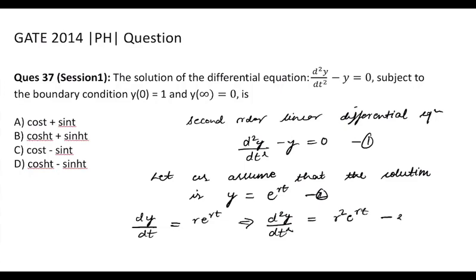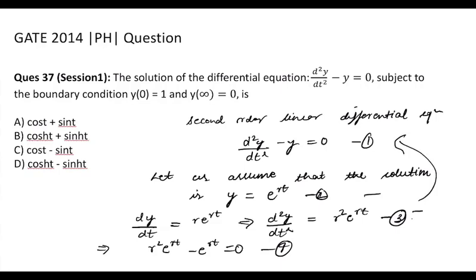Now we'll put 3 and 2 back in 1. That will give us r square exponential rt minus exponential rt is equal to 0.